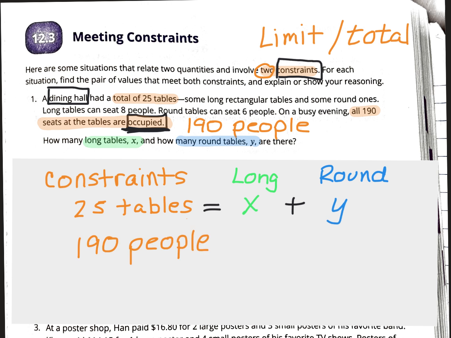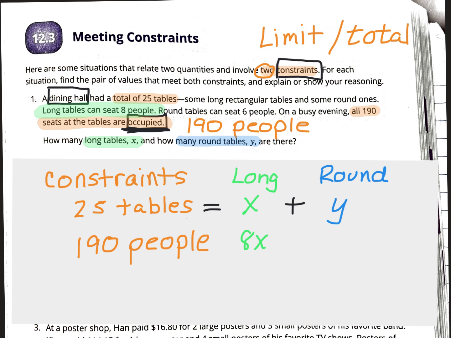Now let's go back and look at constraint number 2, that we had a total of 190 people. Revisiting my problem, I can see that long tables can seat 8 people. So I'm going to use 8x to represent the number of people sitting at the long tables, because 8 people can sit at each long table.